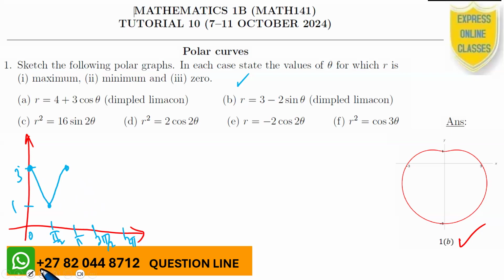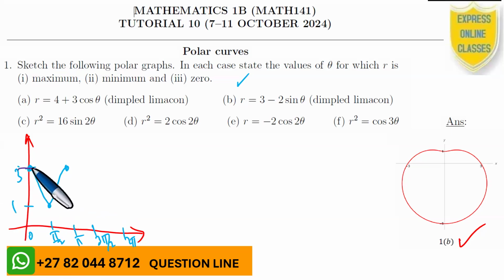So we're going to have the following. Yeah, so you have this.